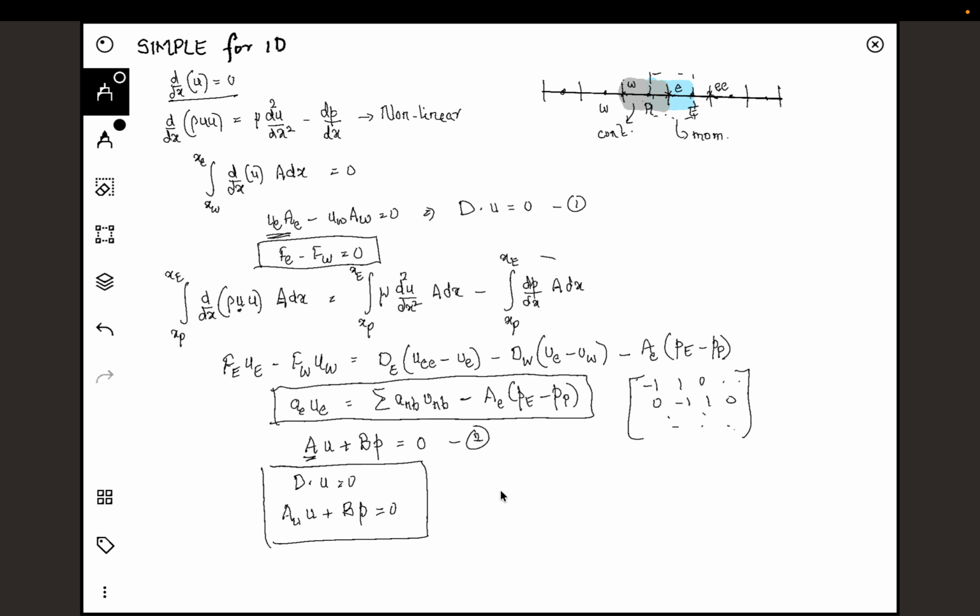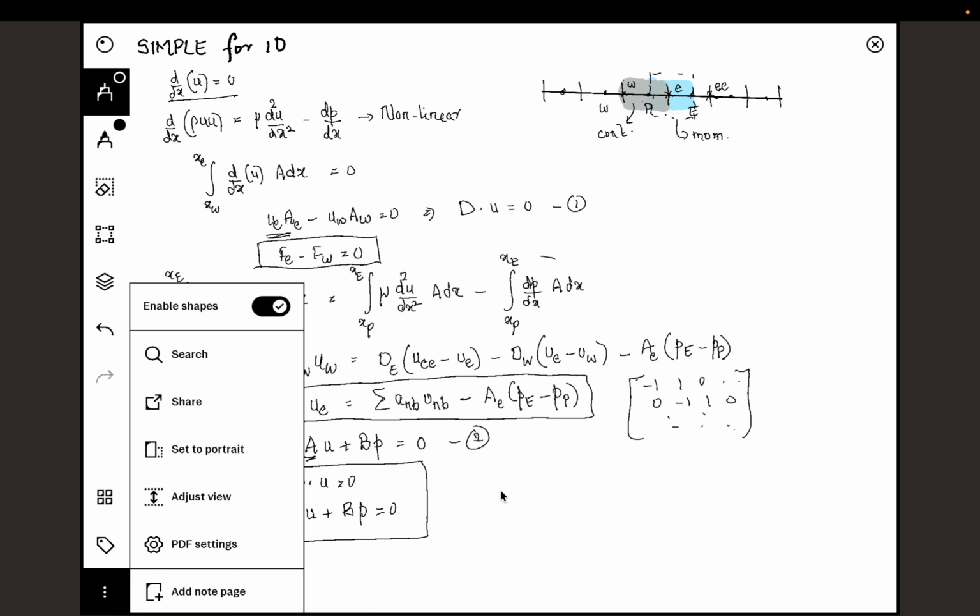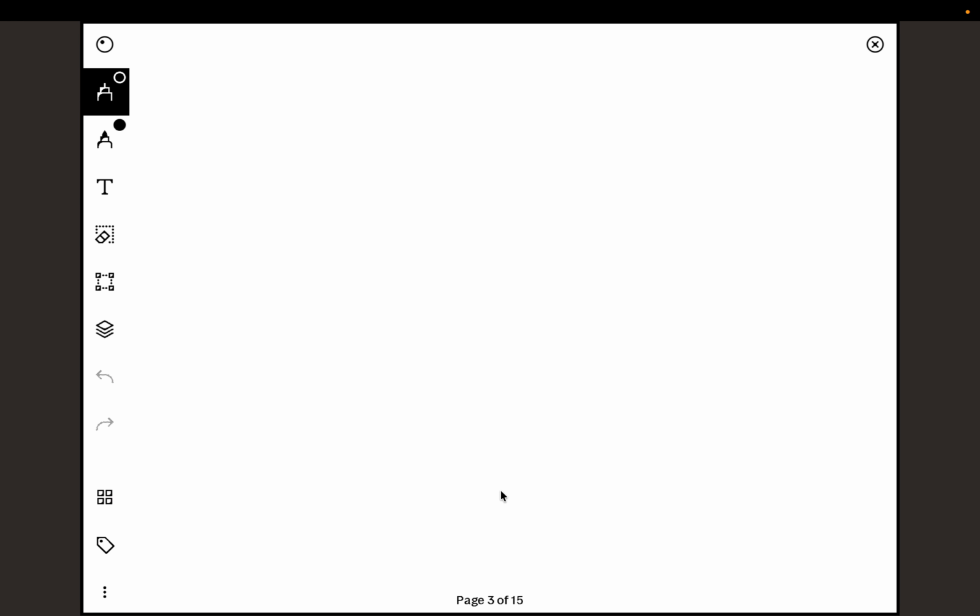So how do we solve that set of nonlinear equations? The usual way is, say if you have a set of nonlinear equations of u comma p equals 0, and we are trying to solve for u and p. So the way we start out is, we will assume some values.